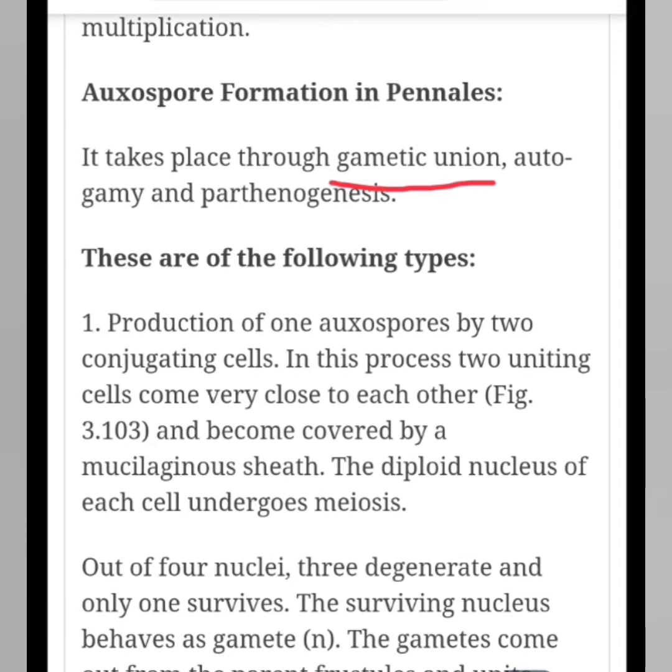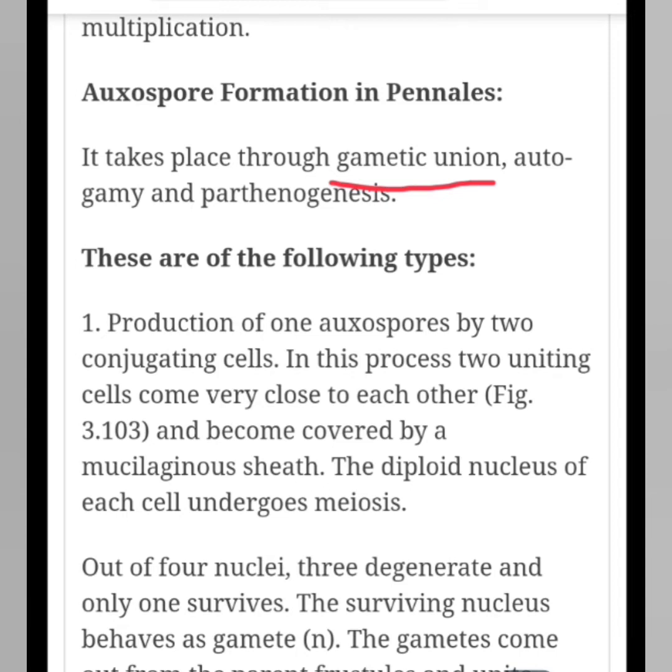During meiosis, one nucleus divides to give rise to four nuclei, and out of these four nuclei, three degenerate and only one survives. And this surviving nucleus then behaves as a gamete.